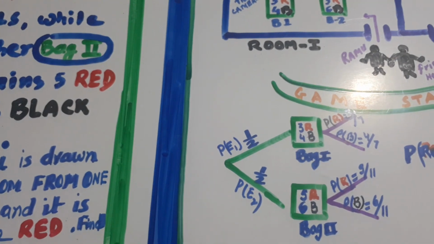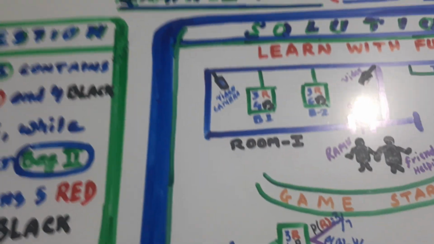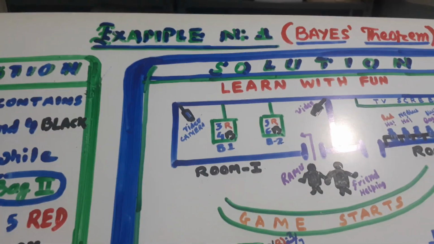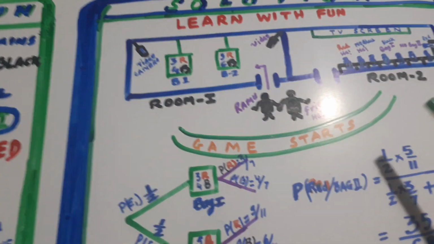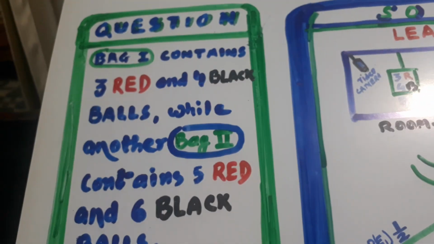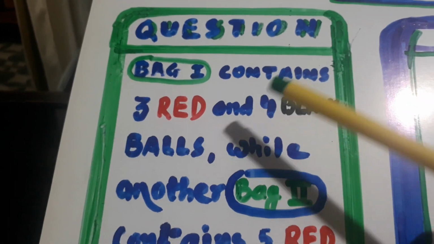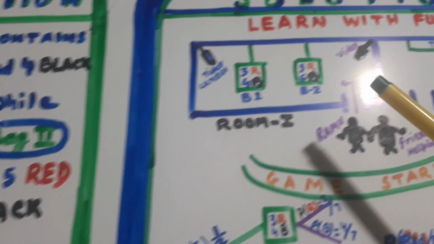Now, let us take one example on Bayes theorem. It is a total fun. Look here. There are 2 bags here.